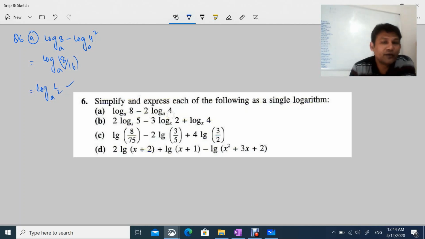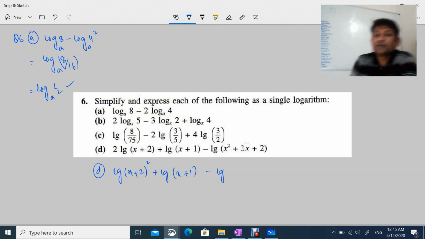Because we are not solving, we are writing in single logarithm. Part D, 2 will become the power, base is 10, x plus 2 power 2, lg x plus 1 minus lg. Here actually what you have to do is make the factors of x square plus 3x plus 2.